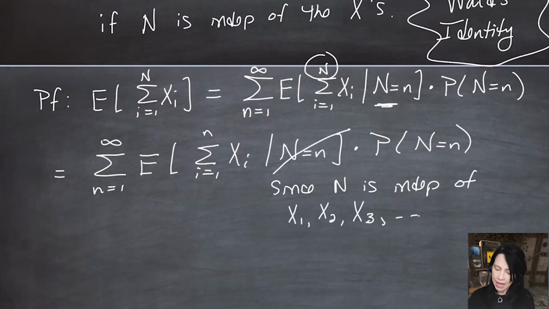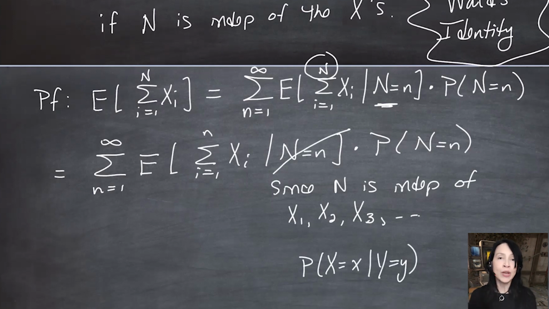It's the same reason if you're looking at a joint probability, say the probability that X equals little x given Y equals little y: if they're independent, then knowing that Y equals little y should tell me nothing about the probability that X equals little x. And if they're independent, I should be able to completely drop the stuff after the conditional line.